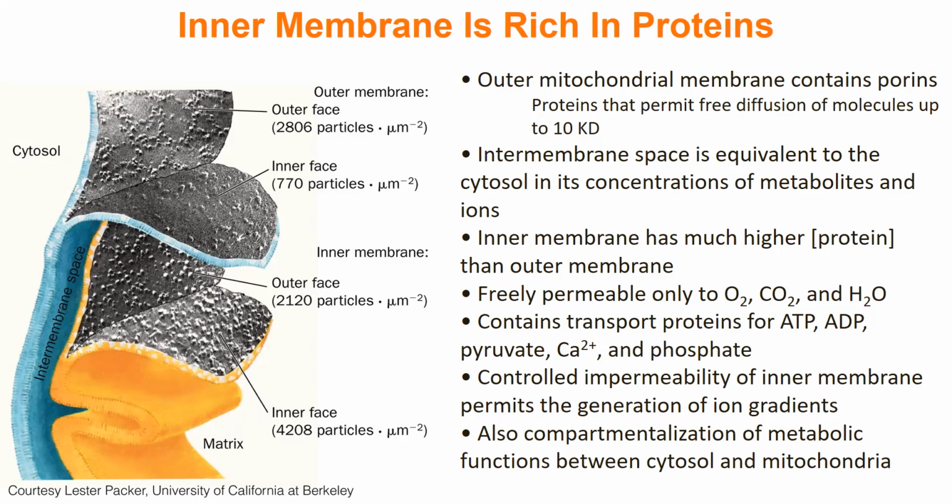And the only things that can go through by themselves are the molecules oxygen, carbon dioxide, and water. Everything else, the transport is controlled by proteins in the inner membrane. So we have different transporters for ATP, ADP, pyruvate, calcium, phosphate, as we looked at, citrate, malate.